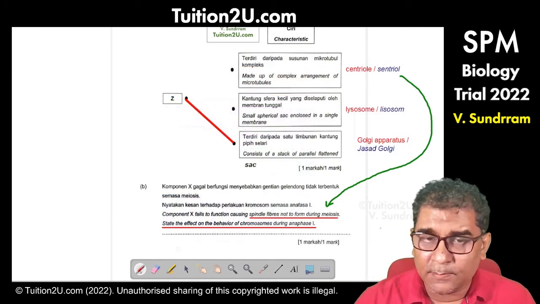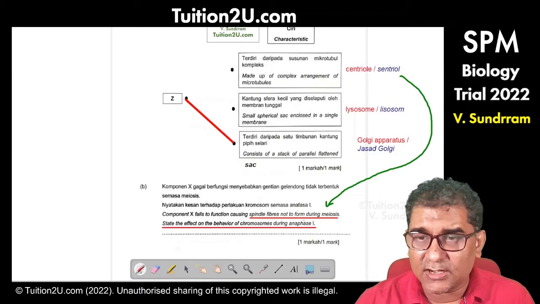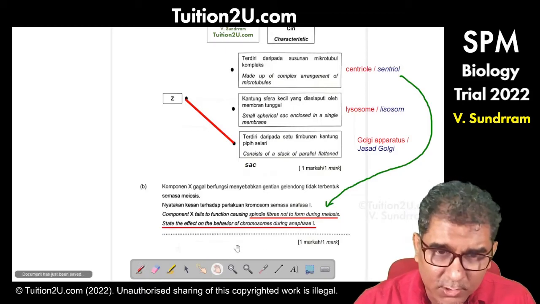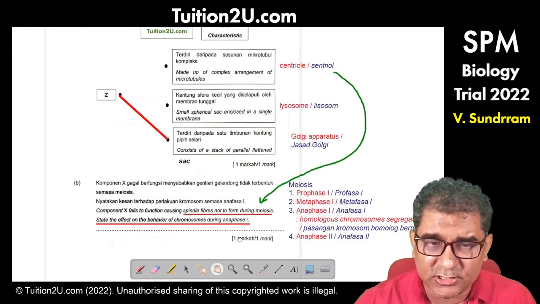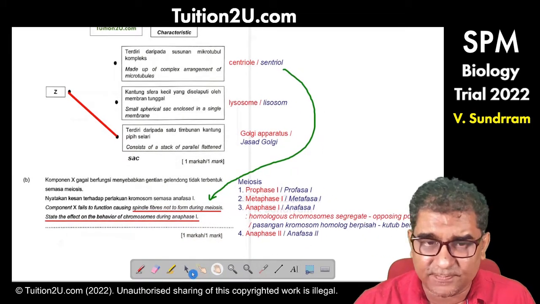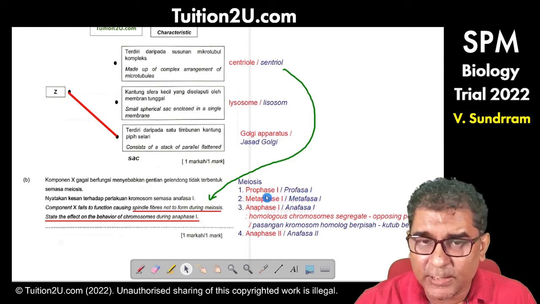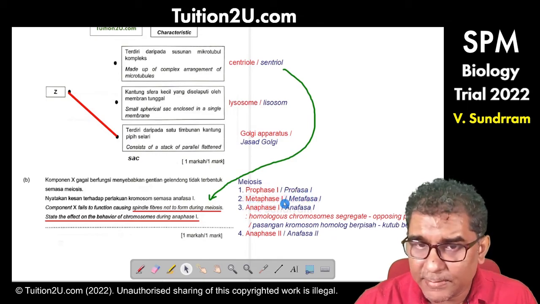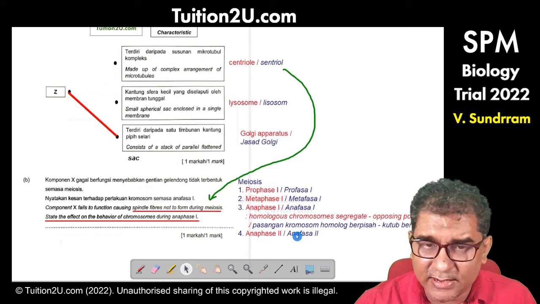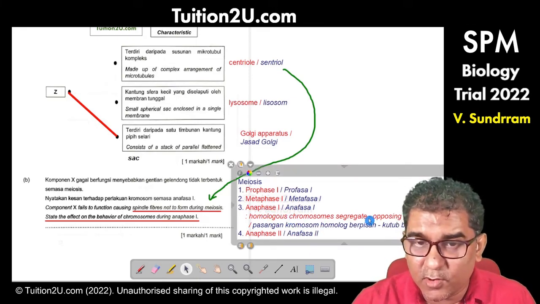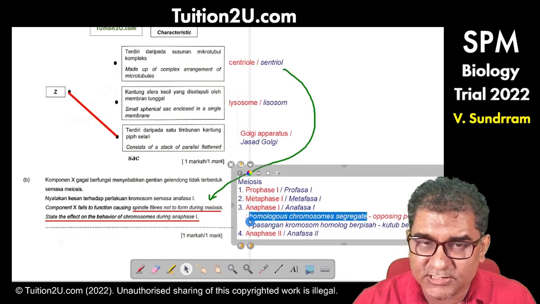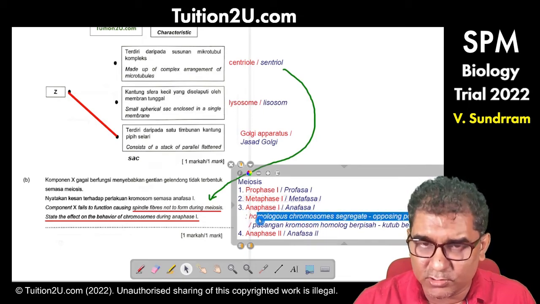So in here, they mention spindle fibers are not functioning. So what are the stages you need to know? These are the stages that you need to know in terms of cell division. If it's meiosis, what happens in prophase 1, metaphase 1, anaphase 1, anaphase 2? What happens in anaphase 1 is homologous chromosomes segregate to opposing poles.